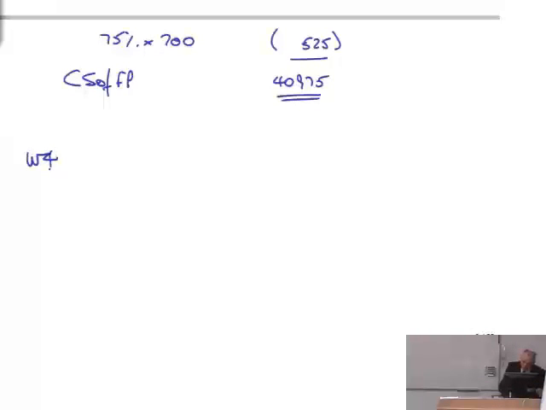We also need a new working four. Working four is the NCI. And it's the calculation of the NCI on the statement of financial position.